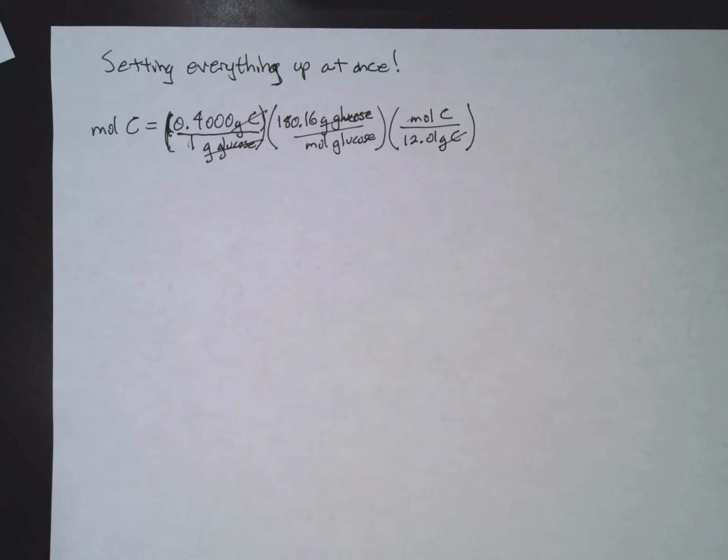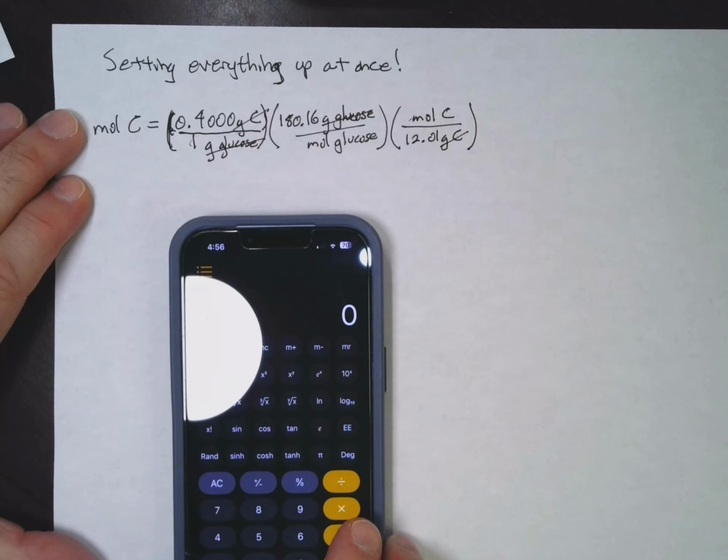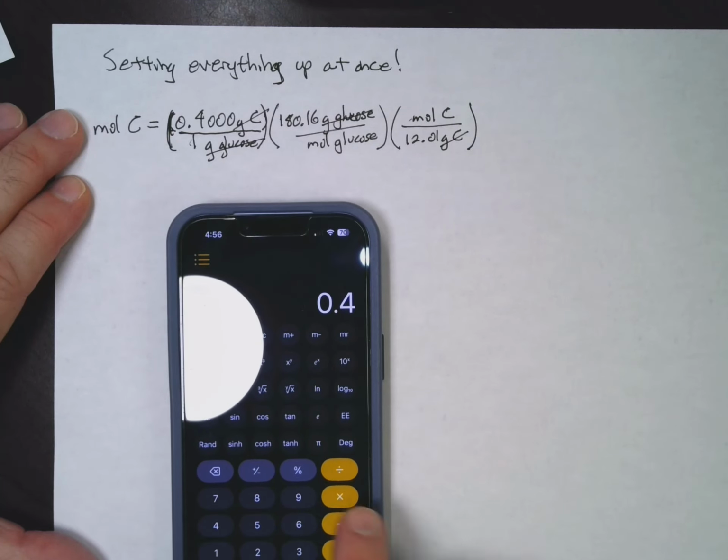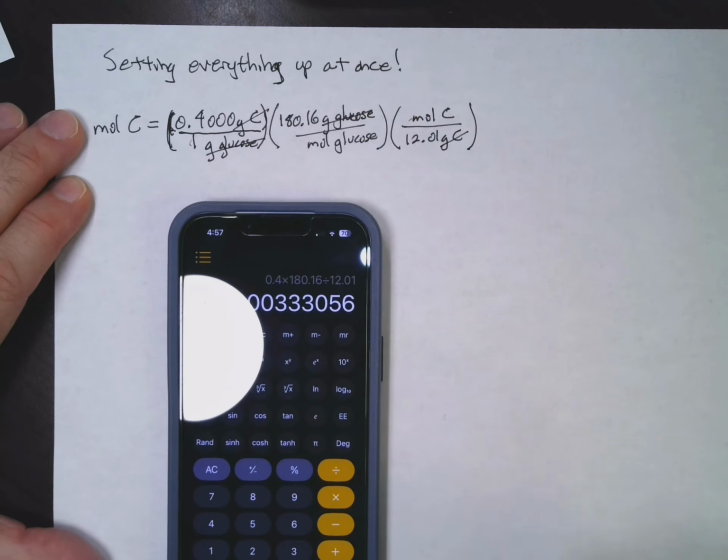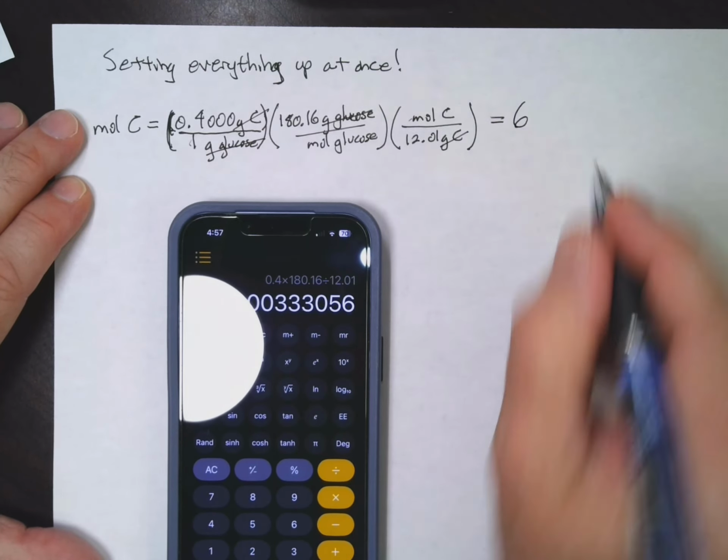So let's go ahead and do this calculation here. 0.4 times 180.16 divided by 12.01 equals 6.000, which equals 6.